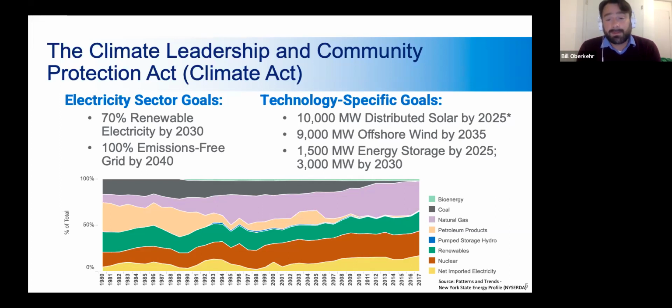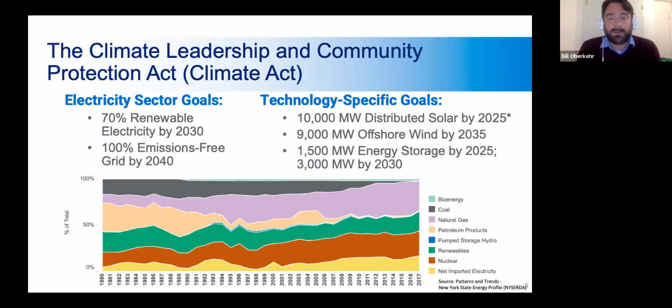The old goal was 6,000 megawatts by 2025, but we met that, or we're on pace to meet that a few years early, actually. So actually just last year, there was a proceeding and there's currently a roadmap out that maps the path to 10 gigawatts of distributed solar by 2025.